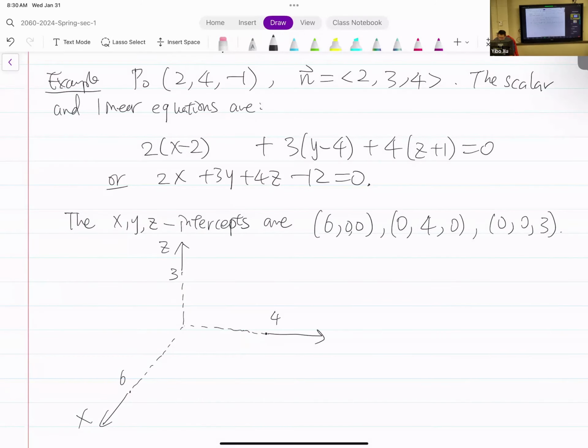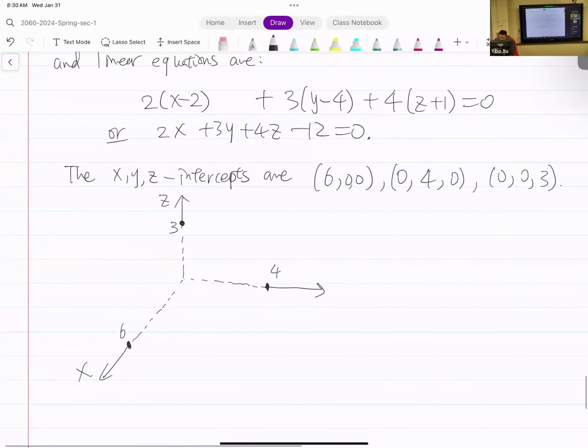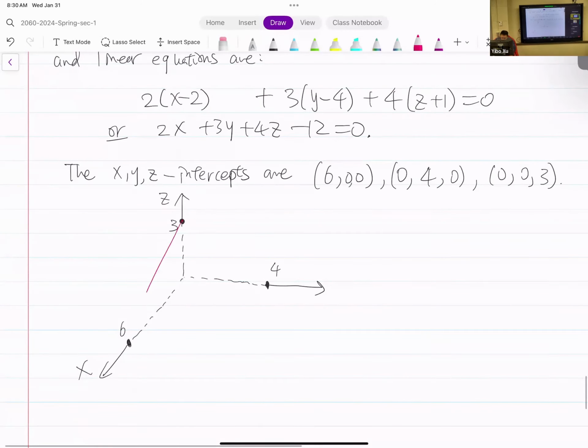Right. So basically, this plane just goes through these intercepts: z-intercept right here, x-intercept right here, y-intercept right here. If you want to sketch the plane, it's going to go through this triangle right here. So let me try again. Okay, this looks better.